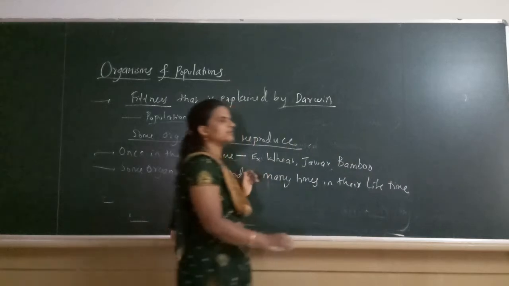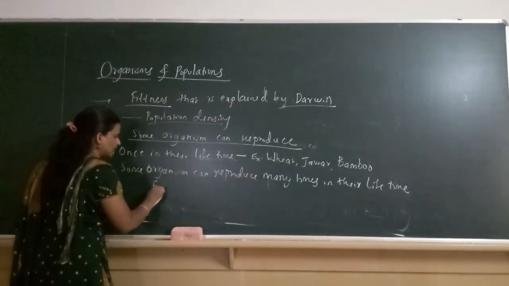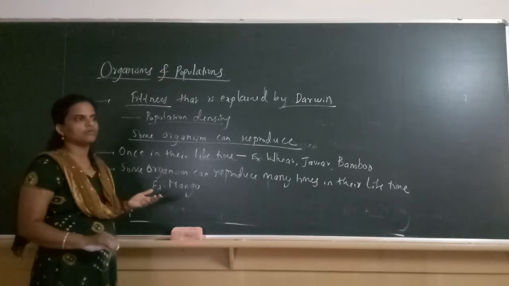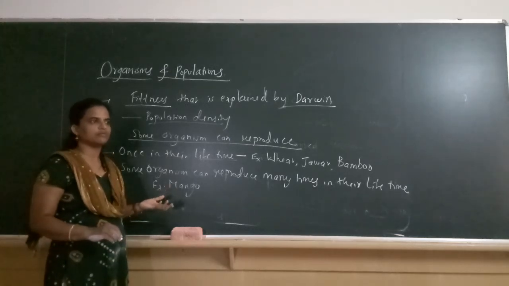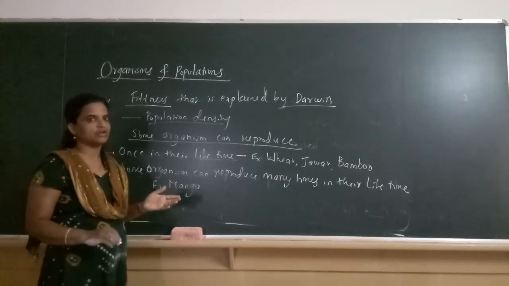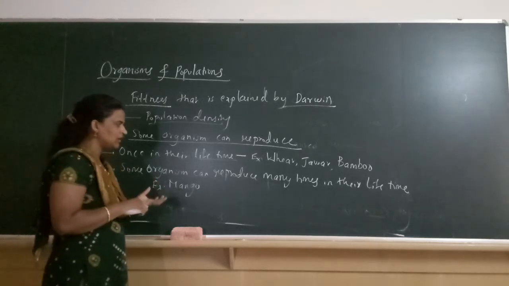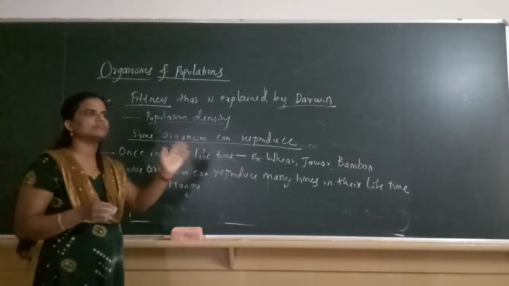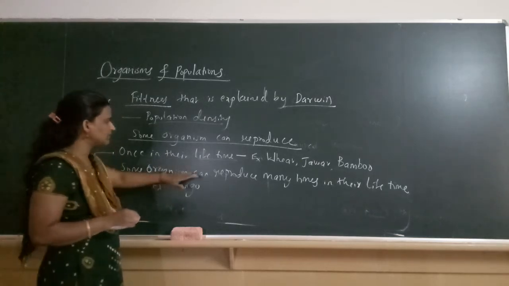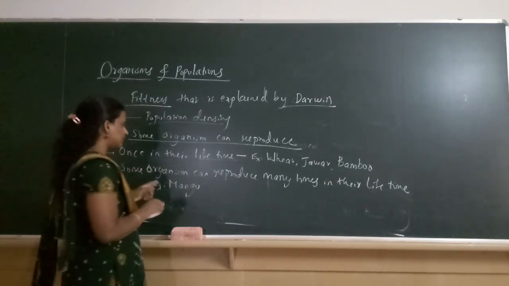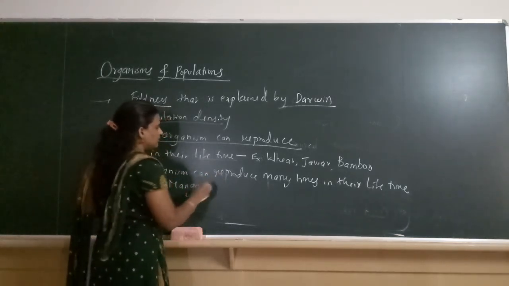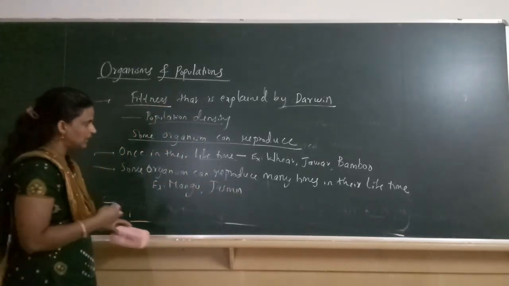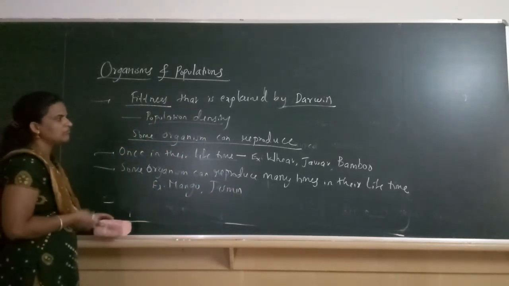For example, mango. Yearly on the mango we will get flowering, and formation of seed and fruit. Again the next summer season, again flowering comes, fruit comes. Means a single tree can reproduce many times. For example, mango, and jasmine also reproduces many times. Like this the reproduction is more times.